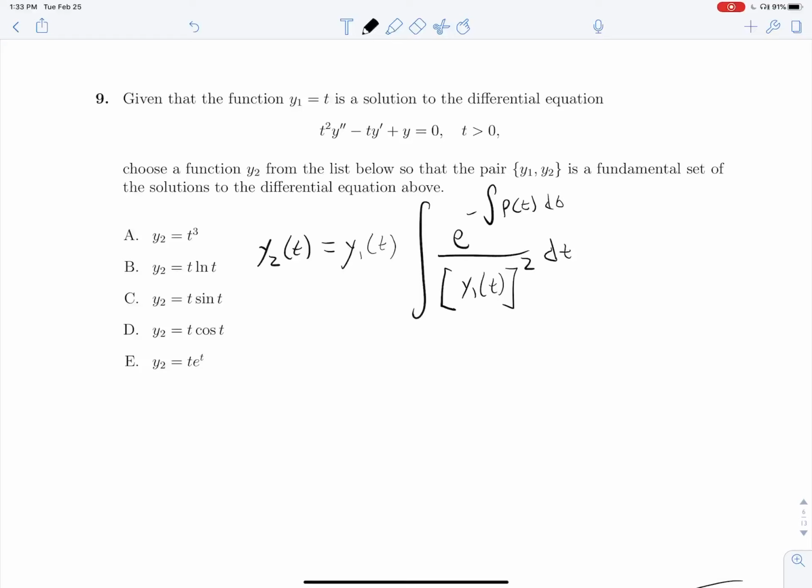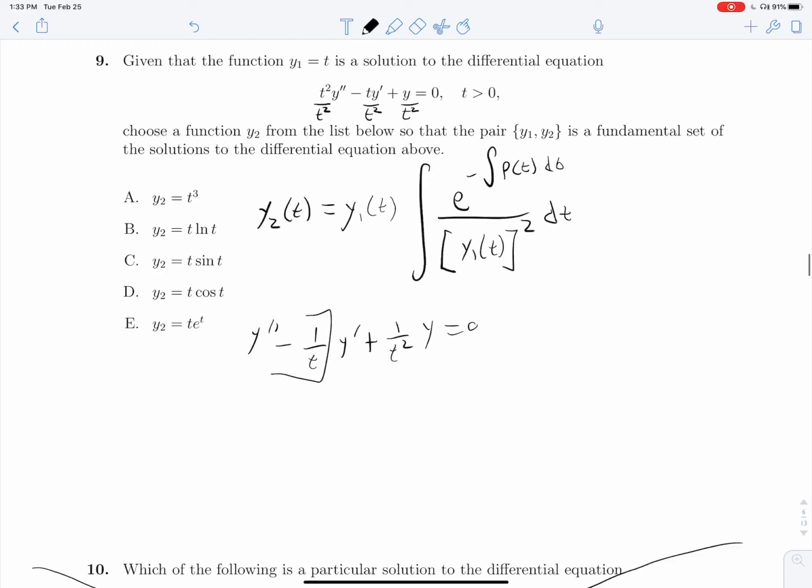In order to find this p of t, like usual in all these problems, we're going to have to divide out t squared in order to keep y double prime by itself. So y double prime minus 1 over t y prime plus 1 over t squared y is equal to 0.